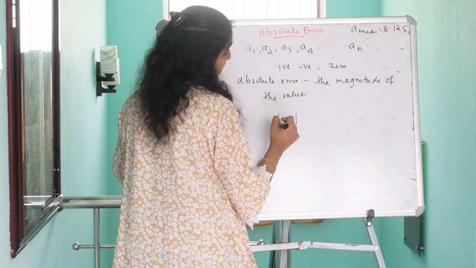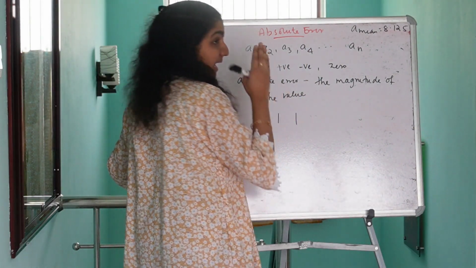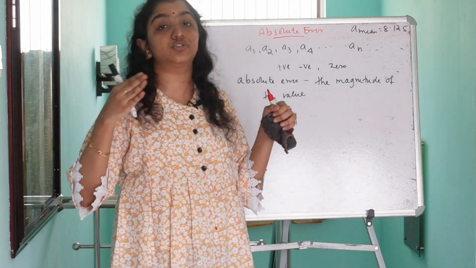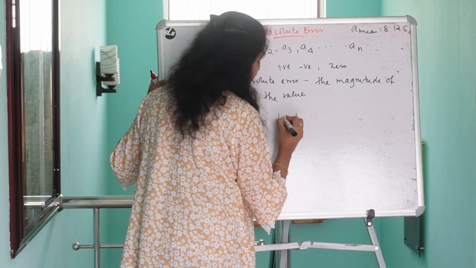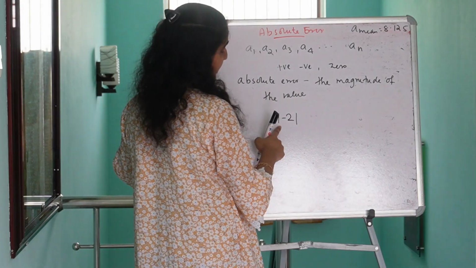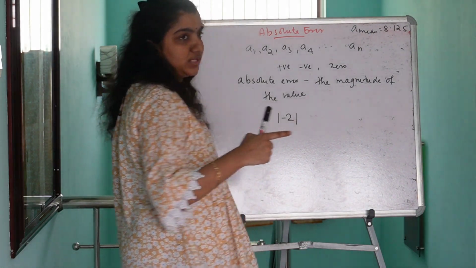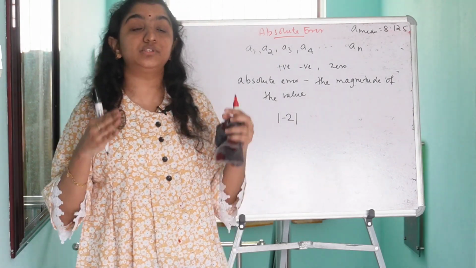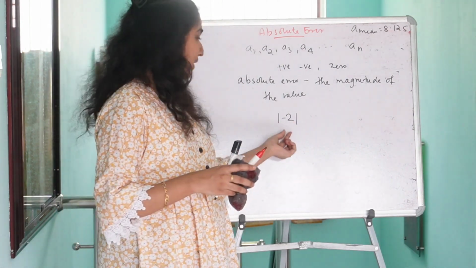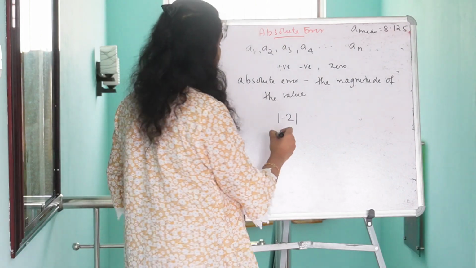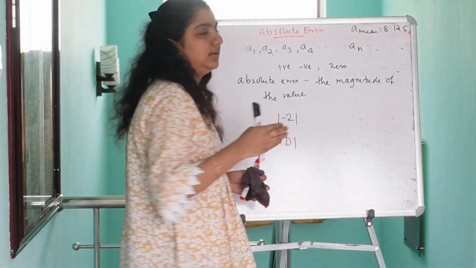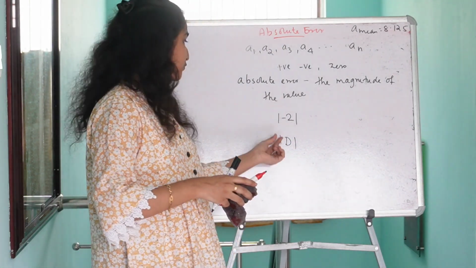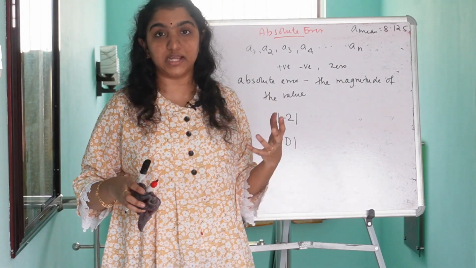And we usually write the value whose magnitude is to be calculated in between these two lines. Say for example it is given magnitude of -2. It means you have to find the magnitude of the value -2. If it is given the magnitude of d, it means you have to find the magnitude of the value d. Is it clear, guys?